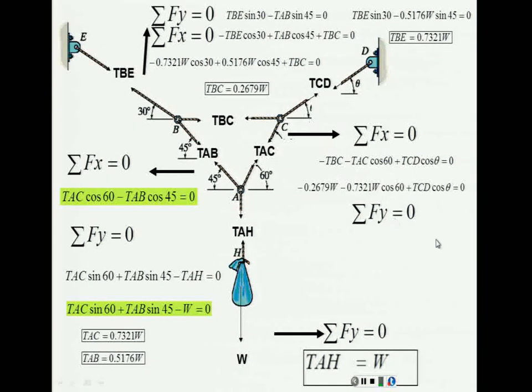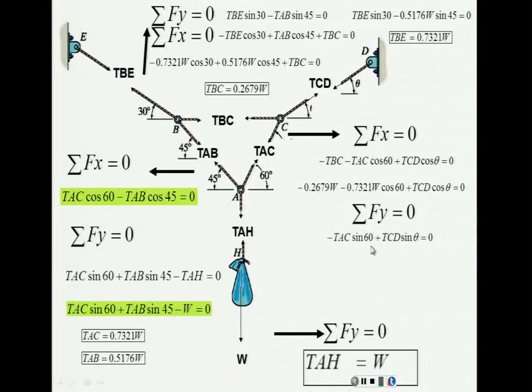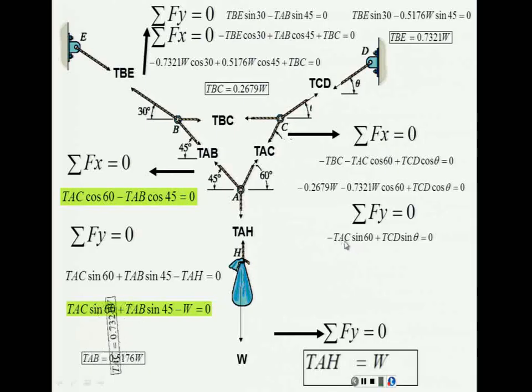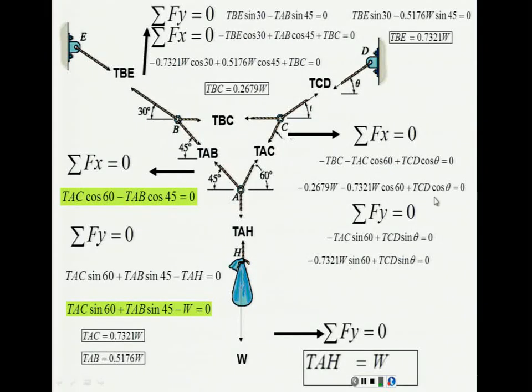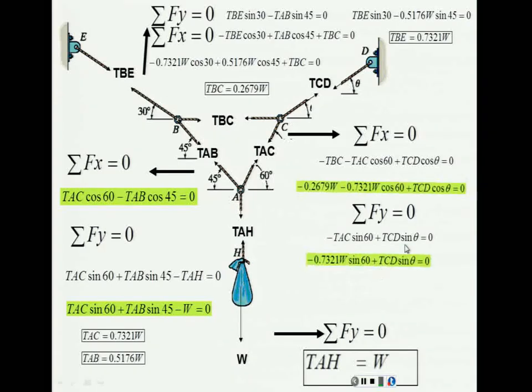When you do summation of forces in y equals 0, then you have the y component of this one is TCD sine theta positive, and the y component of this one is TAC sine 60 negative. So you have this equation. You know TAC from before, you plug it into here. So look at the two equations that I have: my unknowns are TCD cosine and TCD sine.